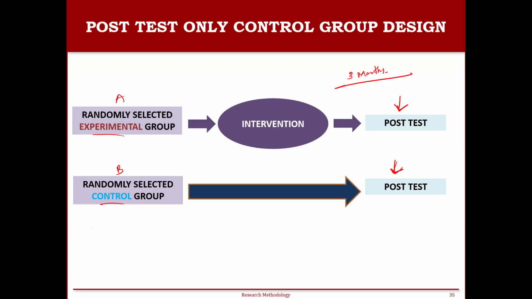Only with the comparison can we identify whether there is a difference or any effect. If we don't have a control group, we can't actually check whether we achieved something or not.